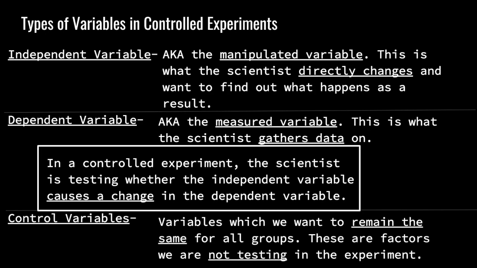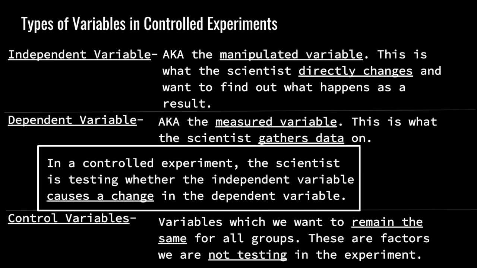And then the control variables, that's what we want to remain the same for all the groups. It's not what we're testing. For example, we want to make sure that all of these dogs are eating the exact same food and are all getting enough water.